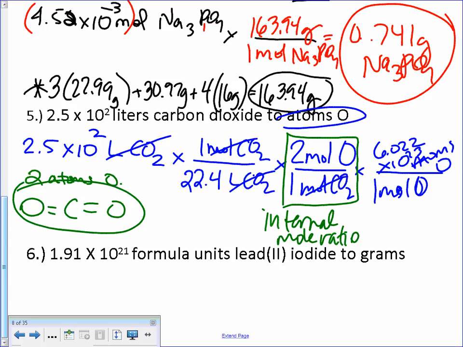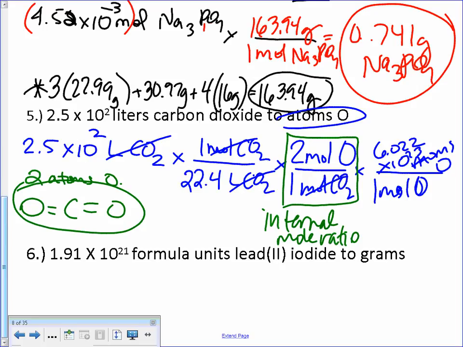It truly does. But if I have to go from moles to molecules and then back to moles to get to atoms, I'm going through moles twice. So moles end up being on top and on bottom. Avogadro's number ends up being on top and on bottom. So I know I'm going to cancel out Avogadro's number because it's up there twice. That's what I said, this could be a 5-step process. So I'm telling you the trick, and this trick is called the internal mole ratio.